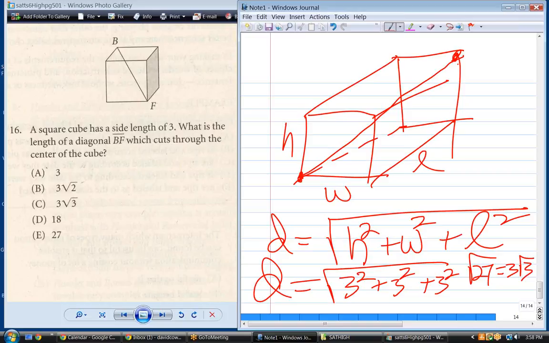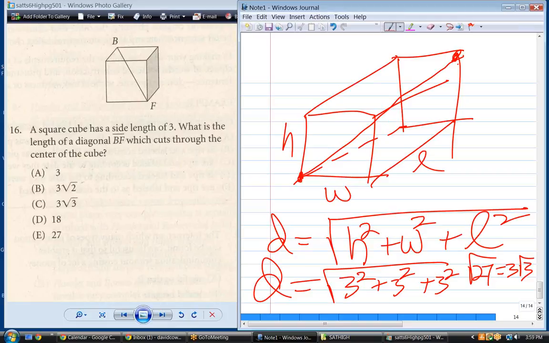Okay. Now you could spend an awful lot of time breaking this down into different planes, trying to use the Pythagorean theorem on each plane to come up with this diagonal here. Notice there are multiple planes you'd have to work with. That would take about 5 minutes for me to do at least.